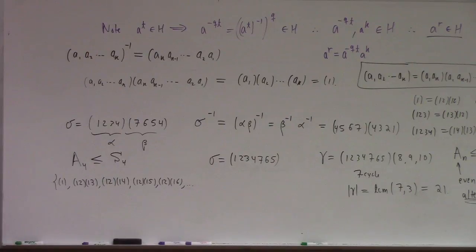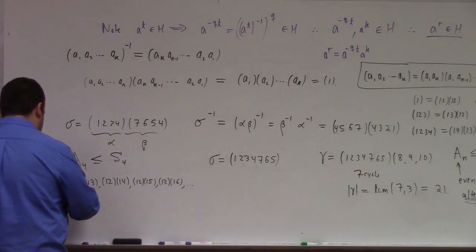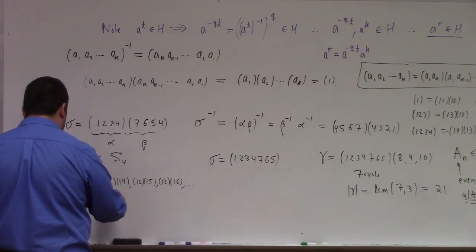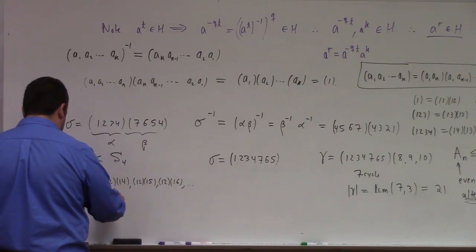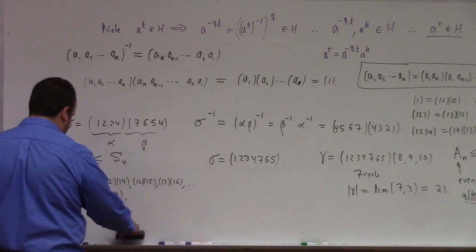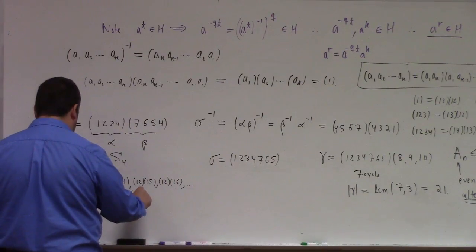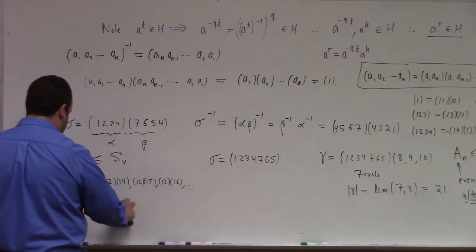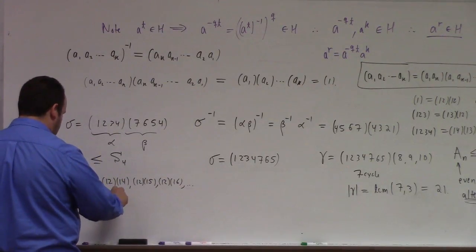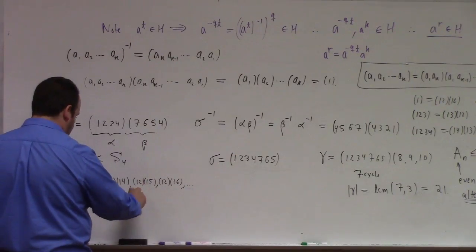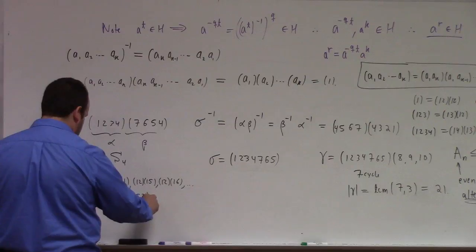It might be easier to think about them in terms of cycles, though, because this is like 1, 2, 3, or you could have 2, 1, 3, or, oh, I'm an idiot. Let me just undo it. So that's 1, 4, 2. This one is 1, 5, 2.